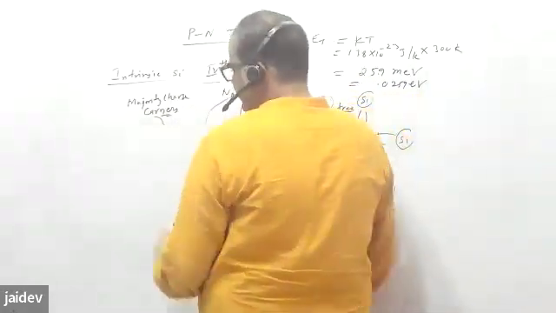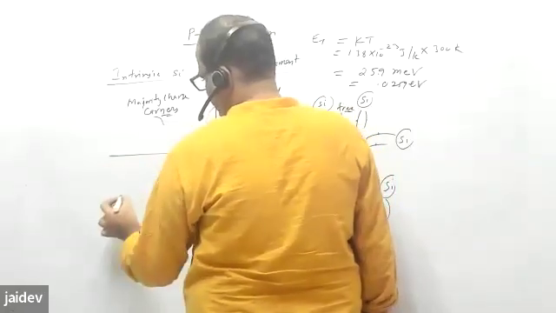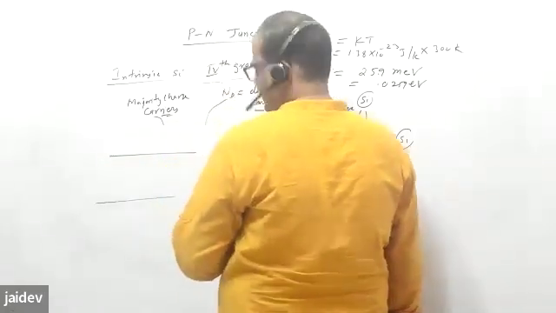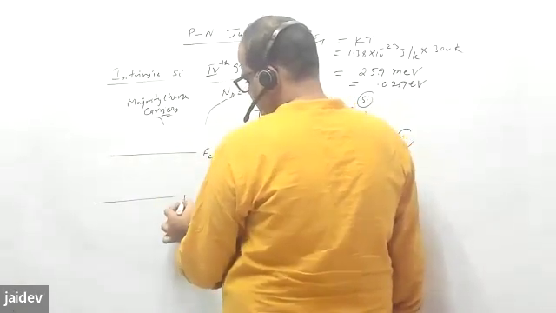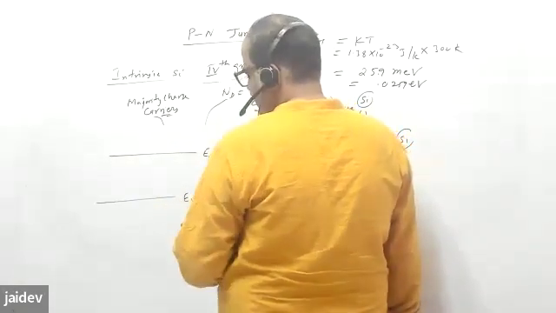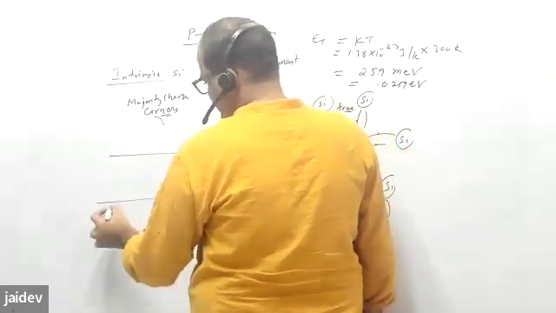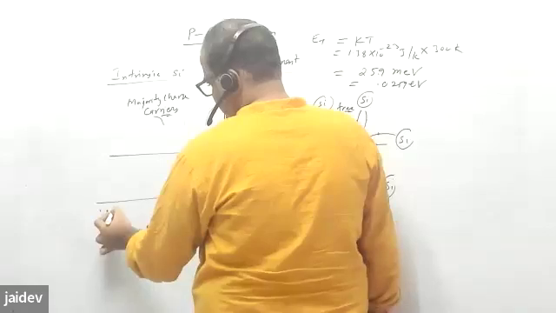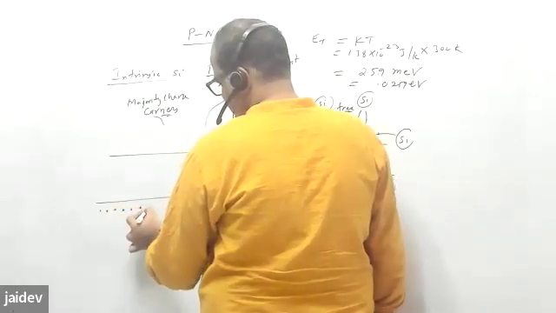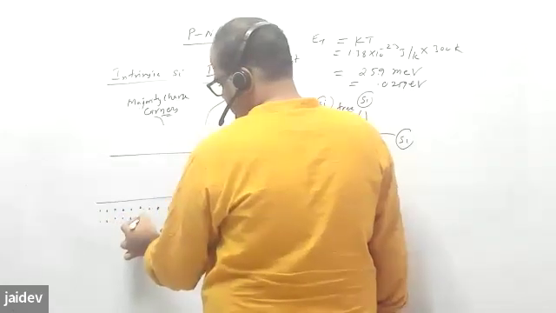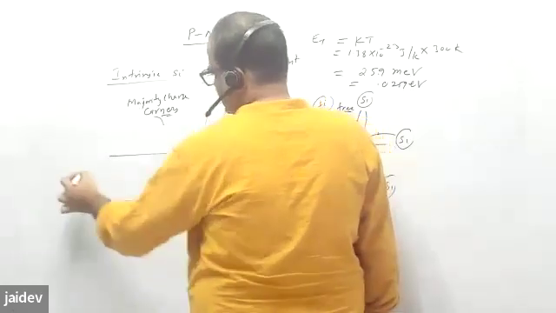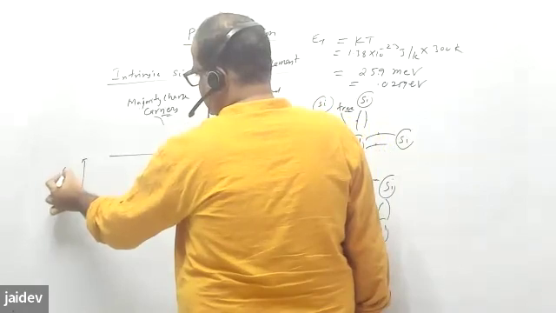So in p-type material, this is your EC, and this is your EV. Here you have valence electrons. This is your EG.